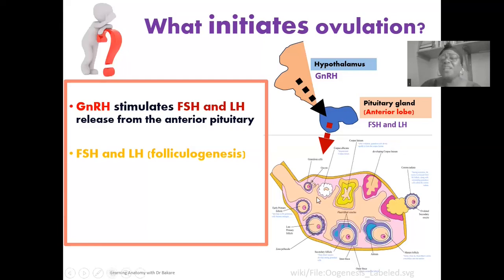Within the ovary, follicle-stimulating hormone and luteinizing hormone exert their effect, whereby they begin to stimulate the development of the ovarian follicle. So you now have the primordial follicle, which is the embryonic-derived follicle, stimulated to begin to develop, and this is further transformed into the primary follicle, the unilaminar primary follicle, which can also be referred to as the early primary follicle.